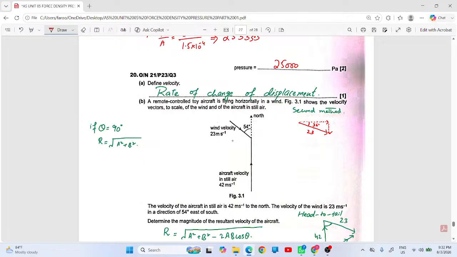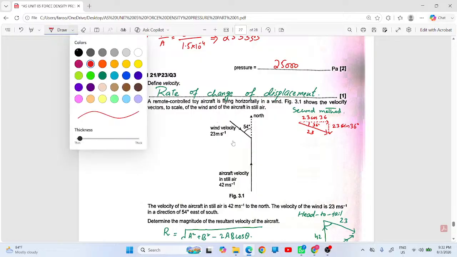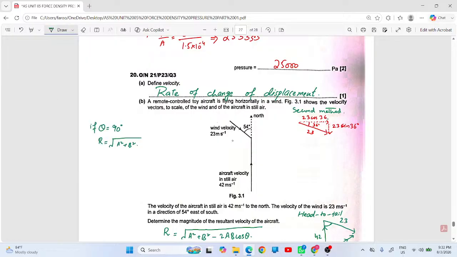Opposite to the 36 is 23 sine 36, and this is 23 cos 36. It will be like this, right? Let's check what the values are. 23 cos 36 is 18.6. Okay, and 23 sine 36 is 13.5.